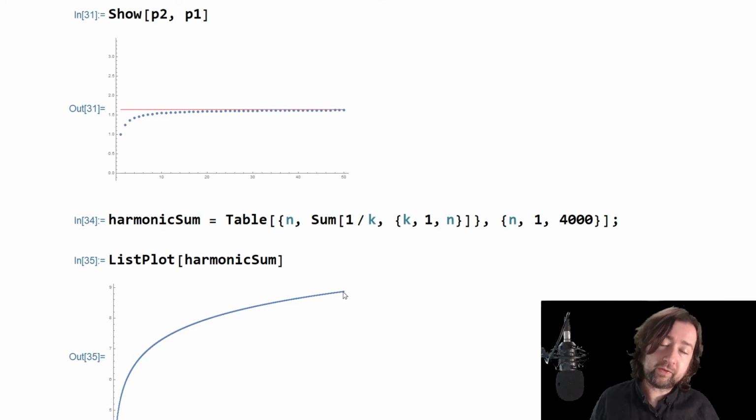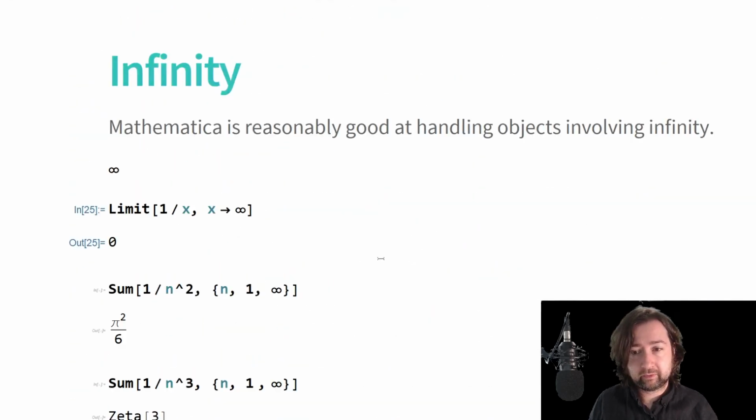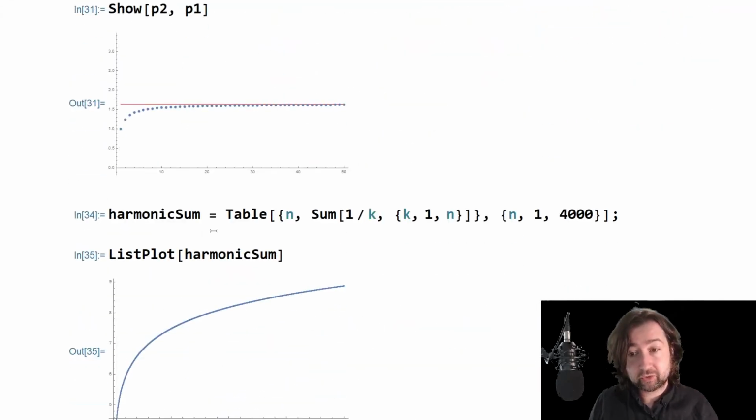So it's a useful thing when you're doing this kind of analysis to be able not only to rely on Mathematica to do an evaluation at infinity for you, but to be able to use tricks like this where you can do asymptotic evaluations with your own manipulation of the numbers. Now, I want to reiterate again that this is not a proof that any of this stuff is actually true.